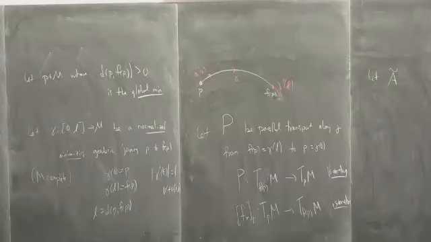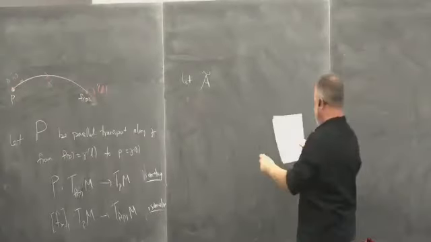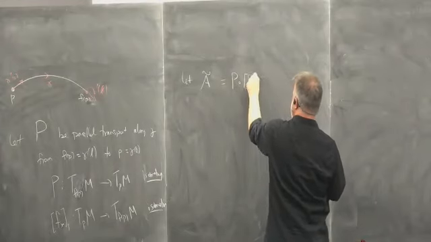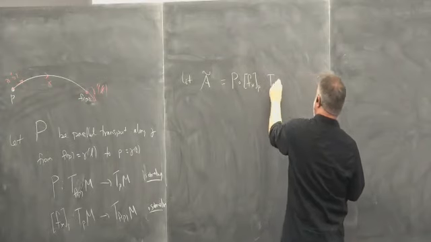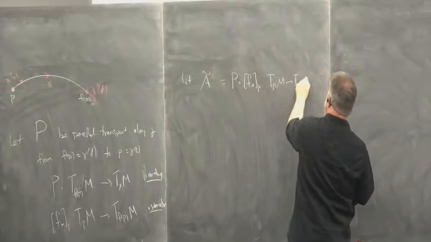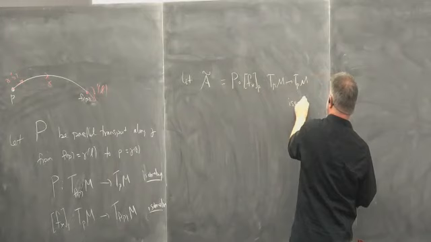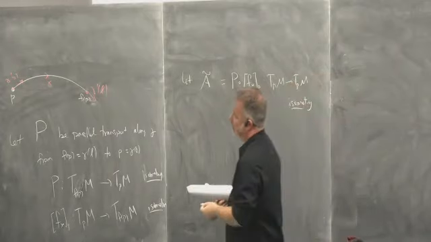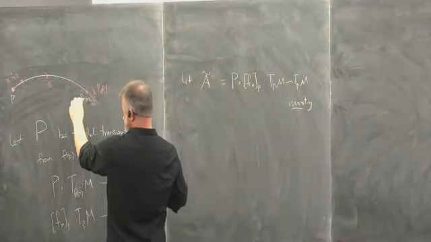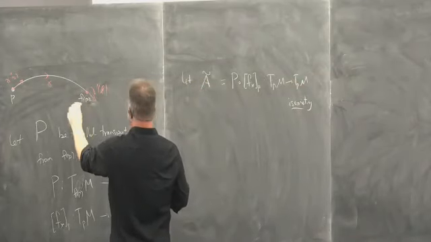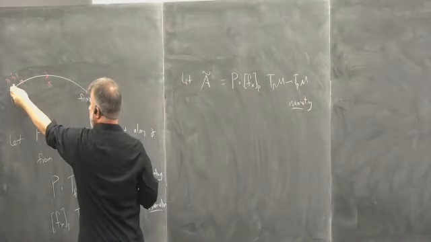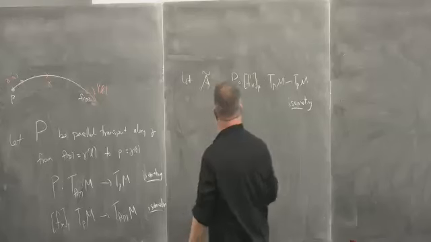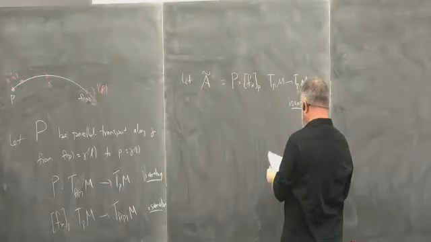I'm calling this one A tilde because there's going to be something else that's going to be A. This goes from T_P M to T_P M, and it's an isometry. Composition of isometries is an isometry, and this is an isometry on T_P M, right? So the first thing I do is apply the push forward of F, which goes from here to here, and then I do parallel transport back along gamma to end up back at T_P M.